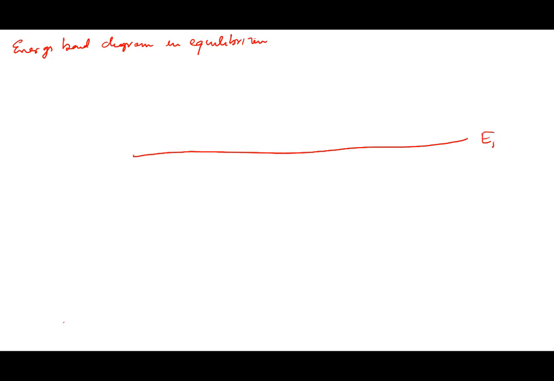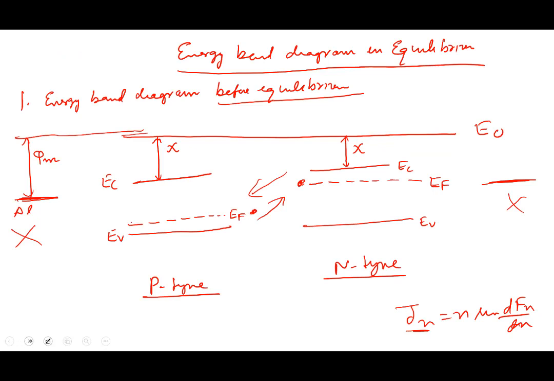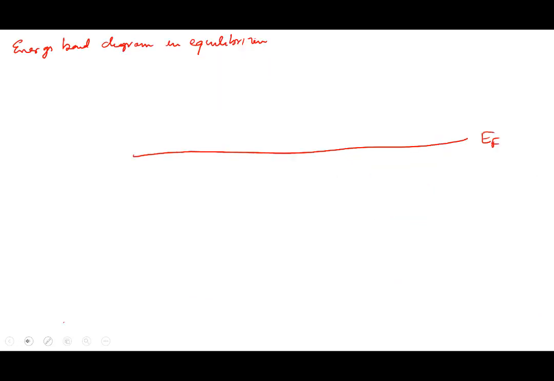Energy band diagram, in equilibrium. The first thing that we draw now is a big EF. Constant EF throughout, same EF everywhere. Same temperature, same EF is equalized, thermal equilibrium.